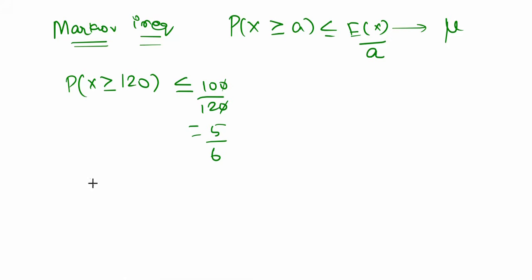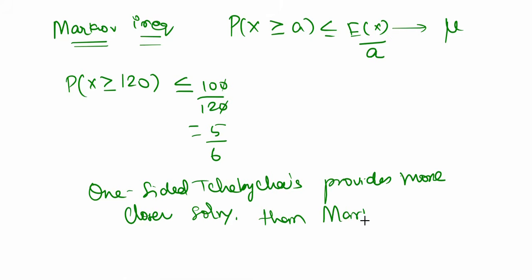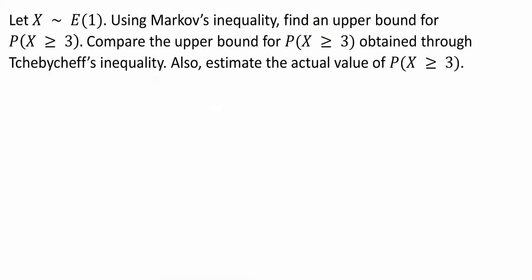So you can say that one-sided Chebyshev provides a closer, more appropriate bound than the Markov inequality. Okay, so in this way, we have compared both of them. Markov inequality we learned in the last class, as well as one-sided Chebyshev. Okay. We'll move on to the next problem.